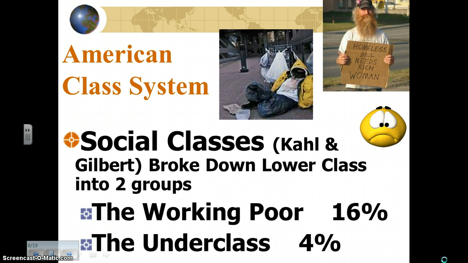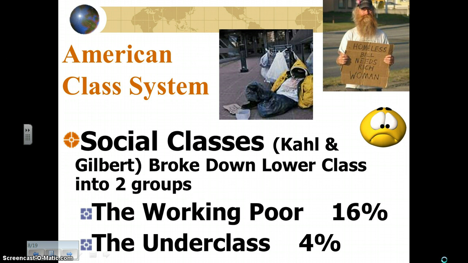Okay, and then they break it down and they talk about basically the worst of the worst, and that would be the underclass. And the underclass makes up about 4% of the population. Now, this term basically refers to people concentrated in the inner cities. This includes families that have experienced unemployment and poverty over several generations. It's just a thing that they're born into it and they never can get out of it or seem not to be able to.